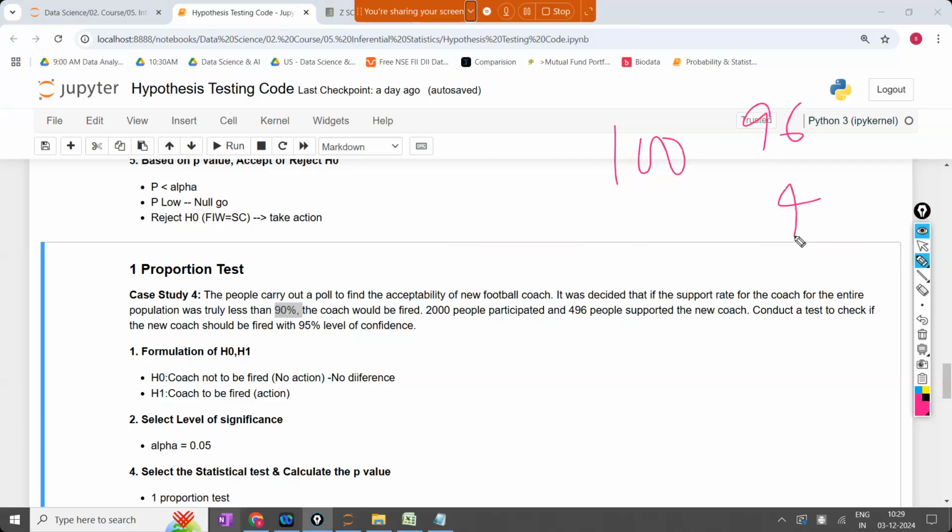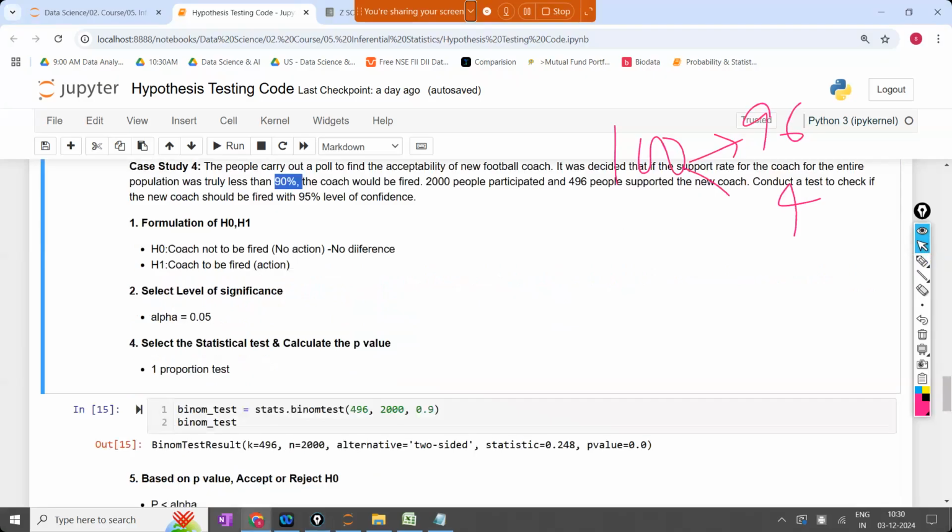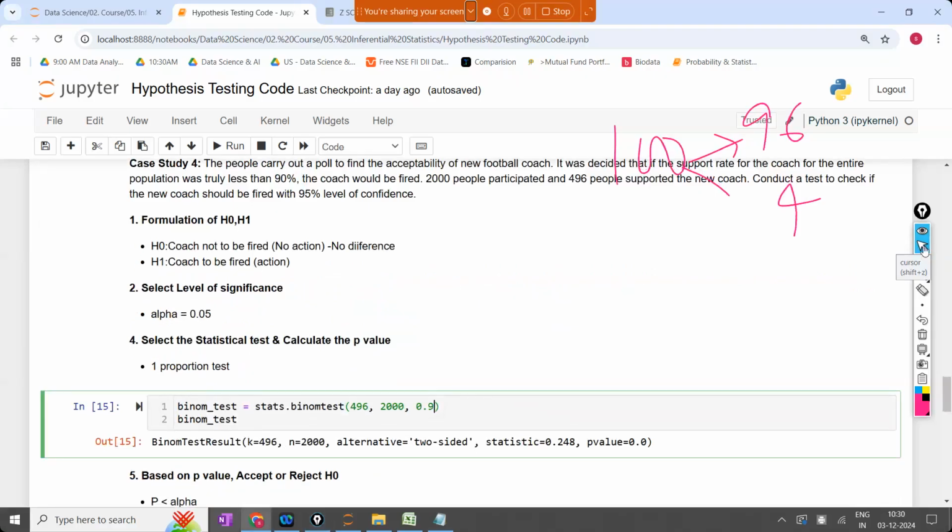That is the point. According to Naresh sir, he wants a minimum of 90%. For example, if Naresh sir requires at least 70 people to be happy, then I am going to write 0.7 here. So in this case, Naresh sir wants to check whether SRK has to be continued or not. According to Naresh sir, 90% or 95% of the students should accept.